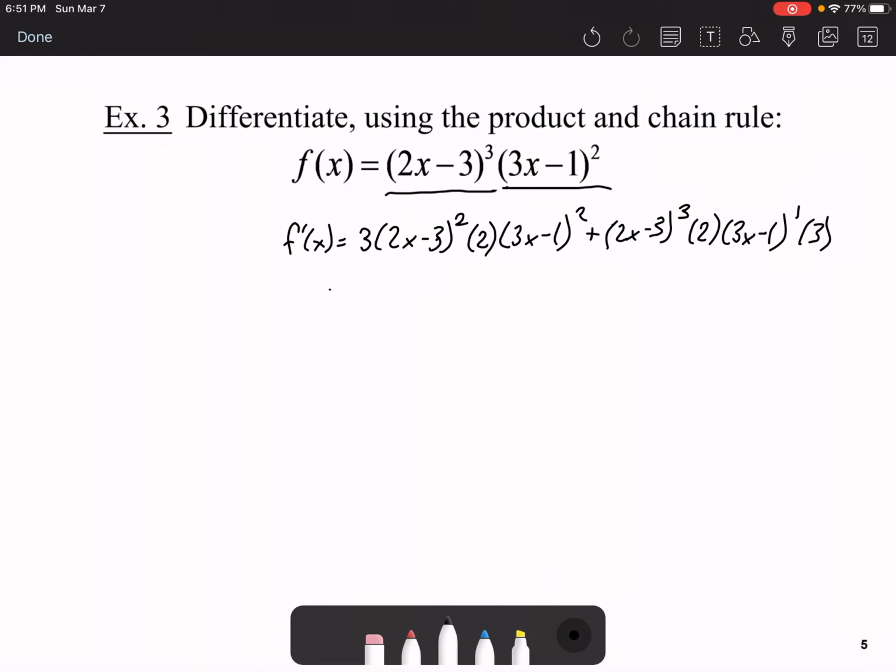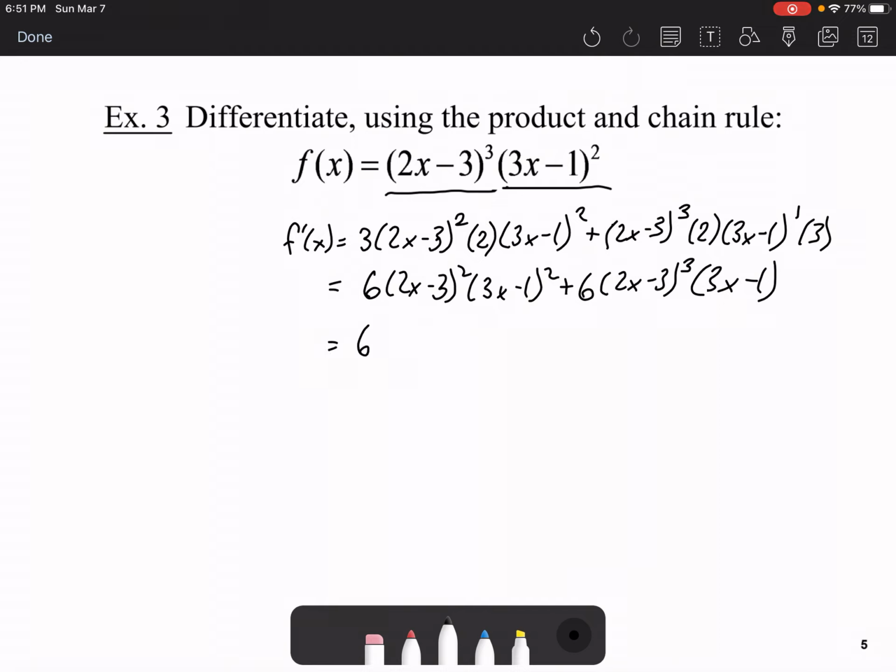Now we simplify. So this becomes 6 times 2x minus 3 squared and 3x minus 1 squared plus 6 times 2x minus 3 cubed times 3x minus 1. Now again, most times they want to have this in factored form, so you want to factor this.